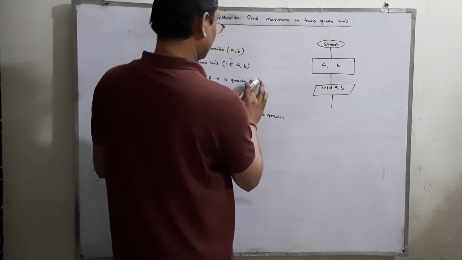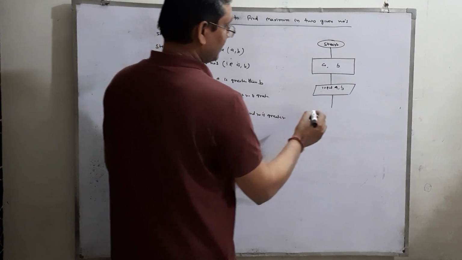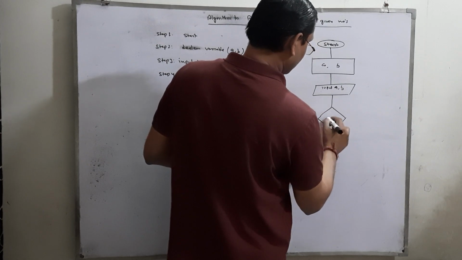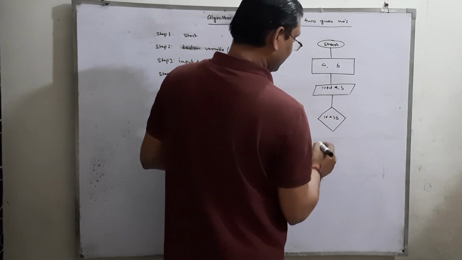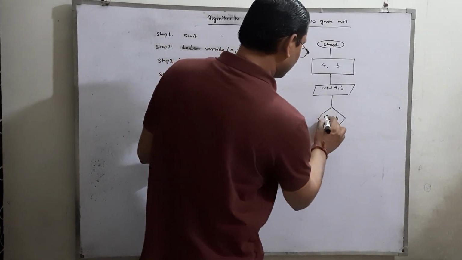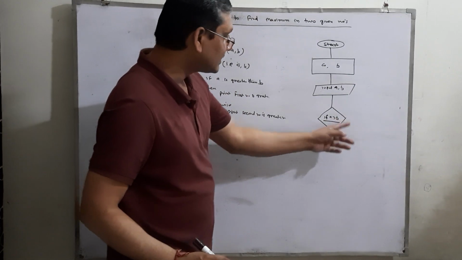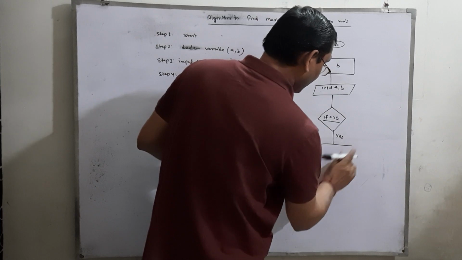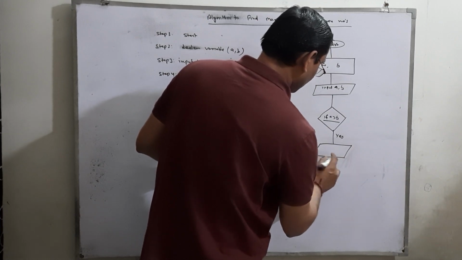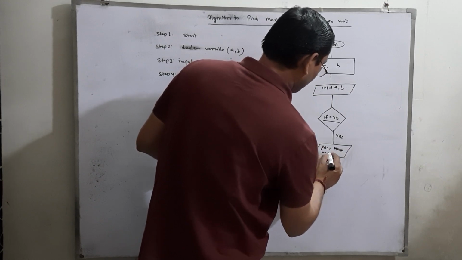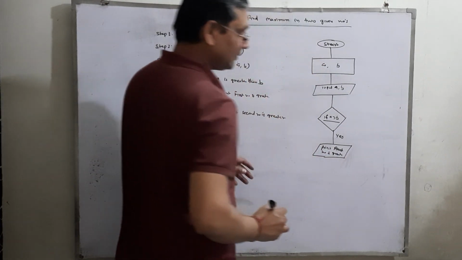Then B, we can write. Decision making. If A is greater than B, if yes, then print first number is greater.